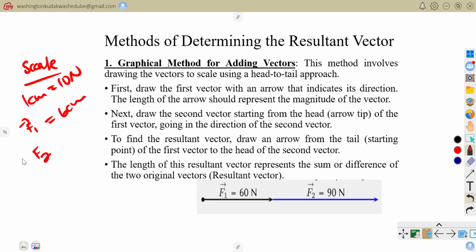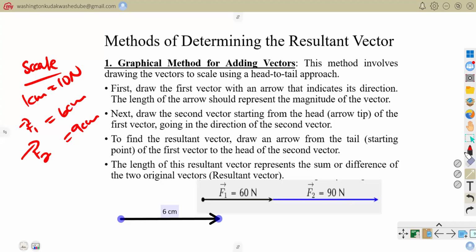The second vector is represented by 9 centimeters. You start at your reference point and draw 6 centimeters towards the east.